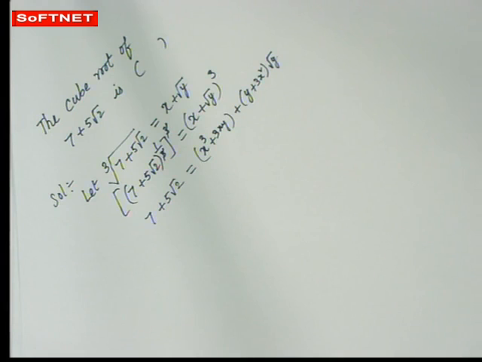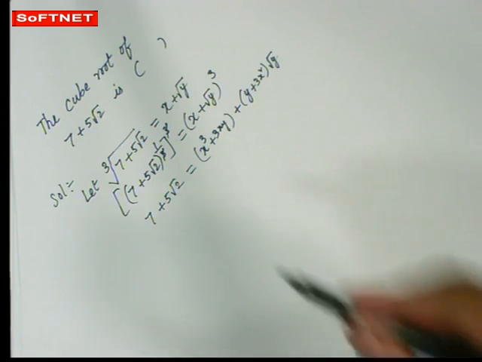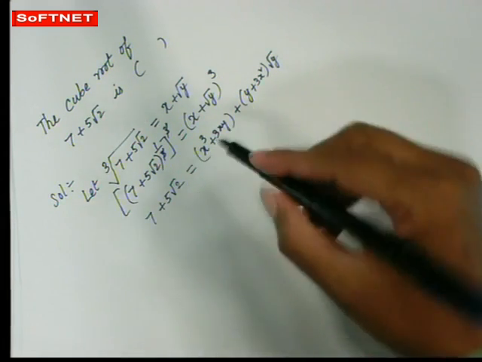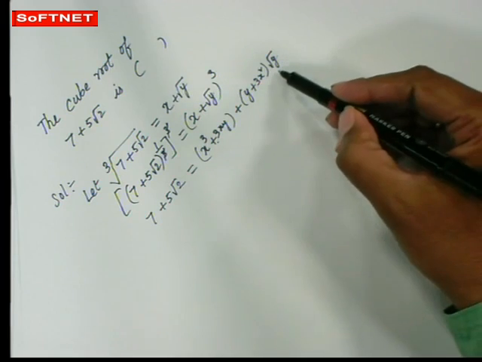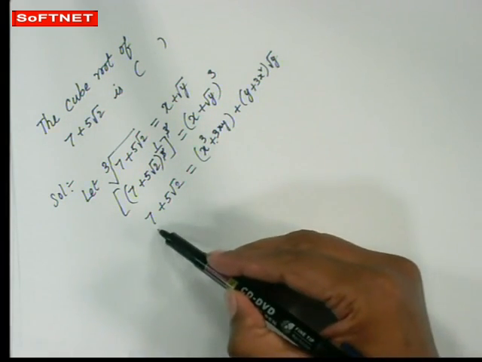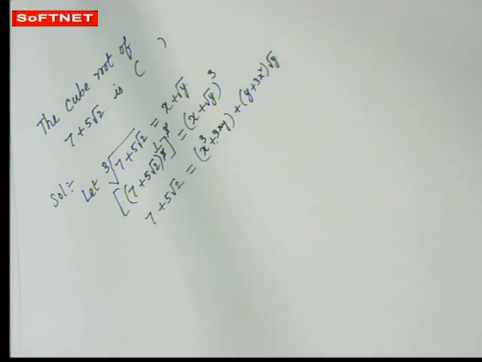Now this is the left hand side, this is the right hand side. If you observe both sides, this is the rational part and this is the irrational part, and this is the rational part and the irrational part.